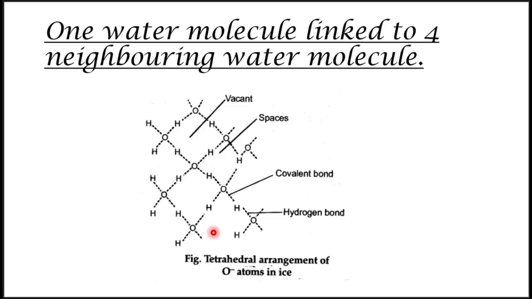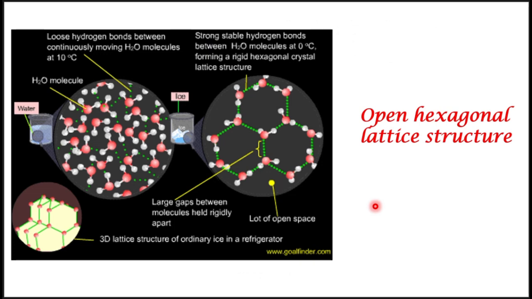Remember, there are four hydrogen bonds in ice. That gives a tetrahedral arrangement of atoms in ice. So these are vacant spaces. One water molecule is linked to four neighboring water molecules. This is a speciality of ice. It creates an open hexagonal lattice structure.